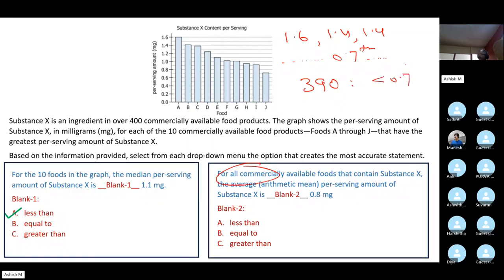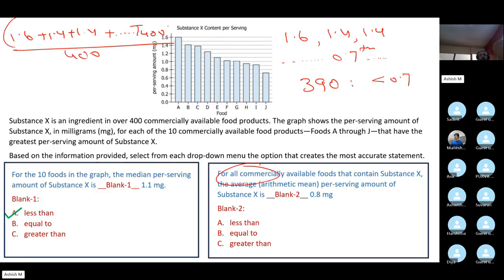Correct, correct. Now, technically, how do we find out the mean, by the way? The way we find the mean is 1.6 plus 1.4 plus 1.4 plus and so on till the 400th value, divided by 400, right? That's how we find the mean. But again, the concept of weighted average will come into the picture.